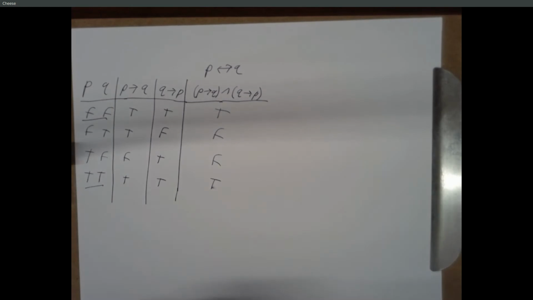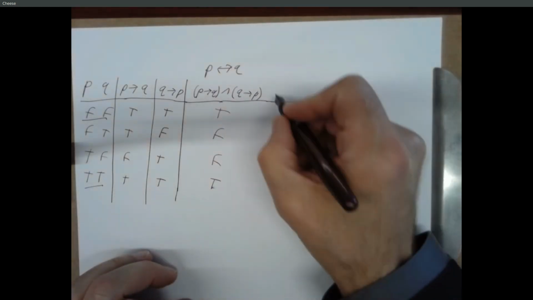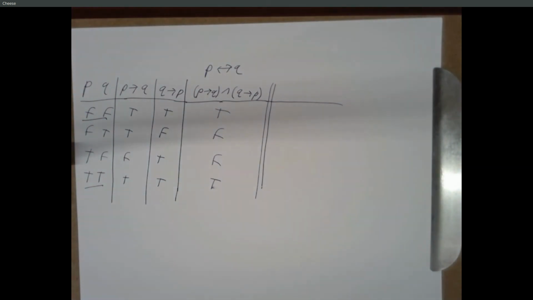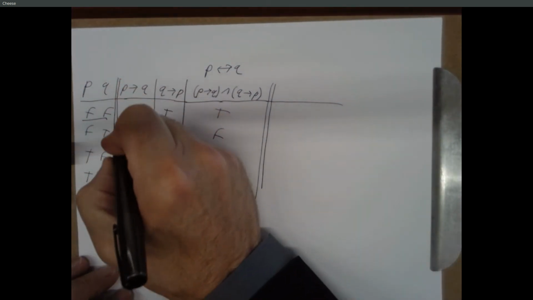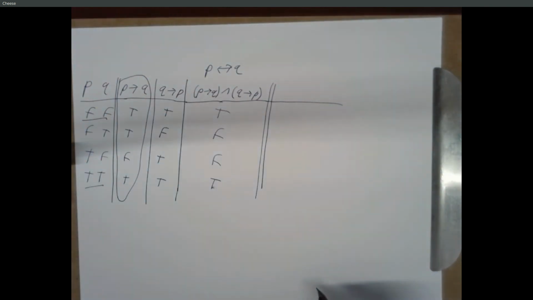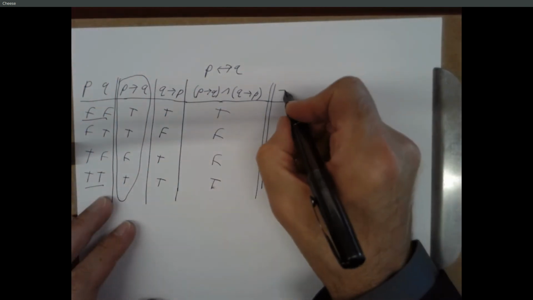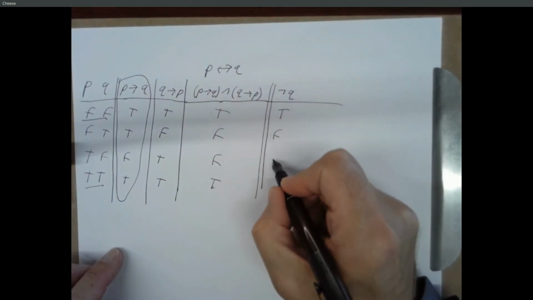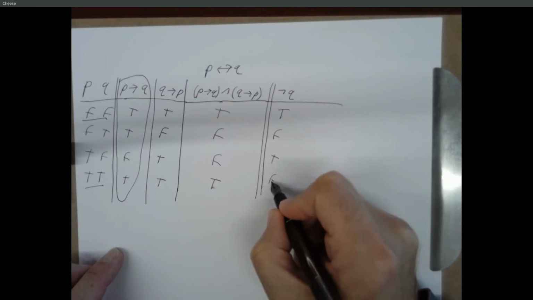Let me add one more row to this table. Two more rows. So not Q, I'm just going to complement the value of Q. That's true, false, true, false.